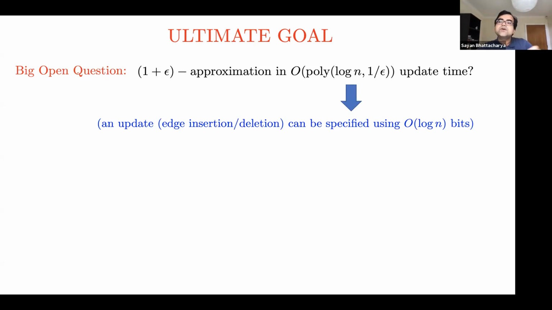So when we ask for polylog n update time, we are asking for update time that is polynomial in the size of the input to our dynamic algorithm. And that's why for many dynamic graph problems, the holy grail ultimately is to achieve polylog n update time with as good an approximation ratio as possible.